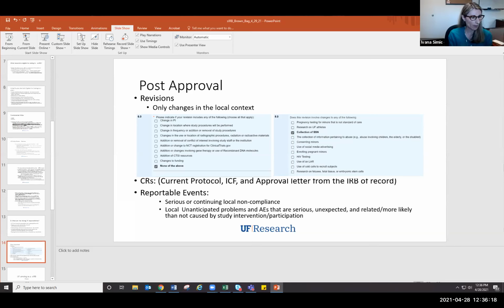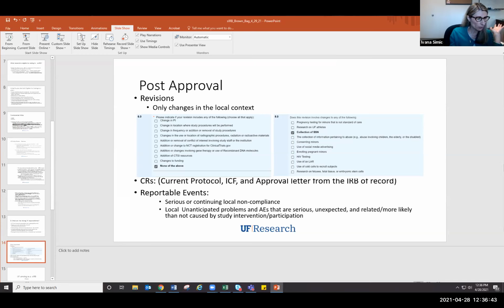And we actually have a very helpful set of questions in My IRB on the revision application smart form that teases out what would be the relevant changes that would require a local submission. And if the answer is none of the above to all these questions, and just as an example, I'll list a few: change in PI, addition or change in the location where the study procedures will be performed, changes in funding, pregnancy testing for minors that is not standard of care.